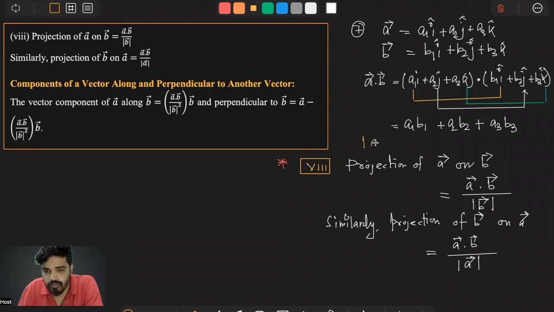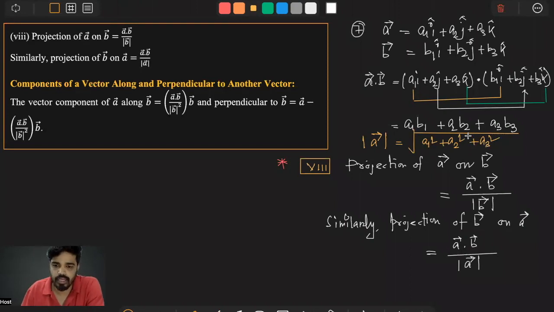So modulus of a is equal to root over a1 square plus a2 square plus a3 square, right? Getting my point? So it is a very important projection of a on b, that is a dot b divided by modulus b. Similarly projection of b on a, that is a dot b divided by modulus a, right?